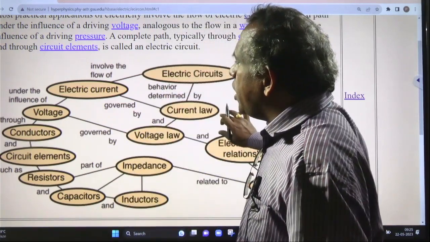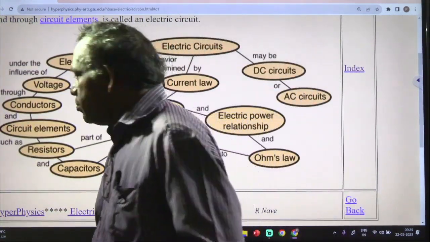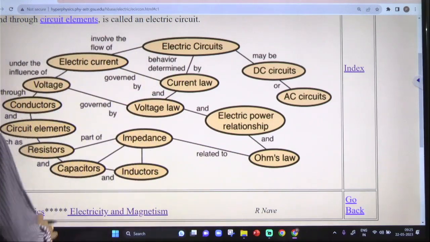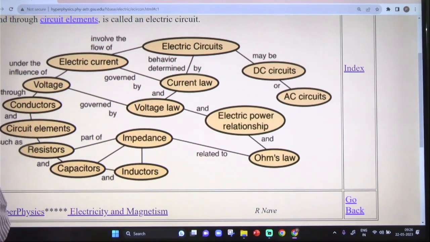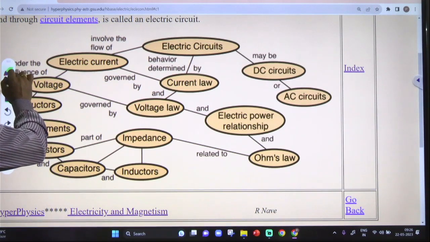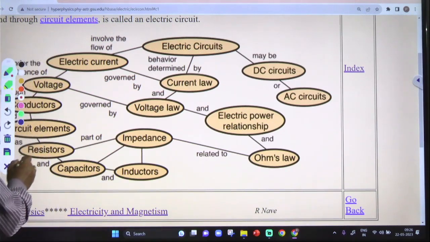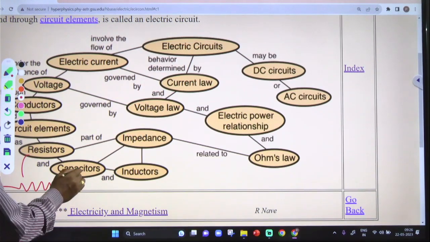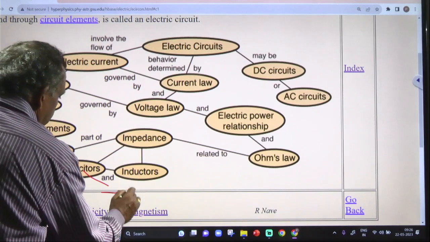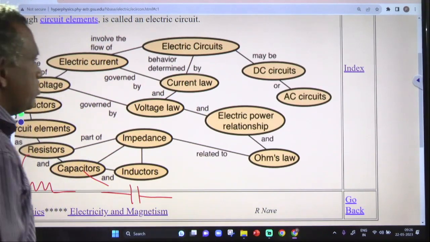In electric circuits, the circuit symbols are also important. Take the circuit symbol of a resistor, you might have observed it, and a capacitor, the capacitor circuit symbol will be like this. And there is a battery circuit symbol.